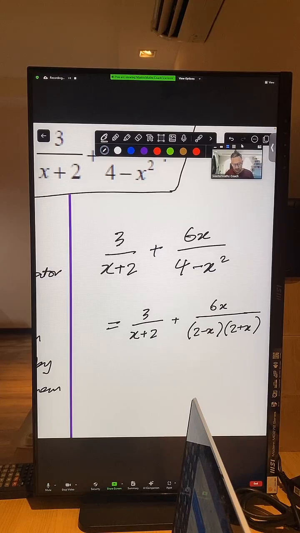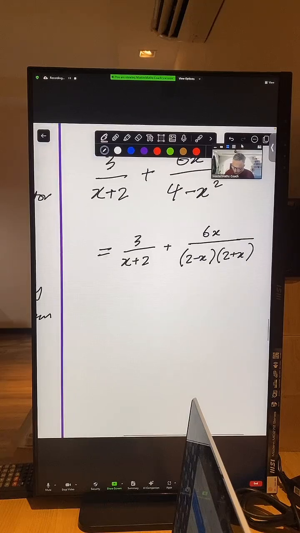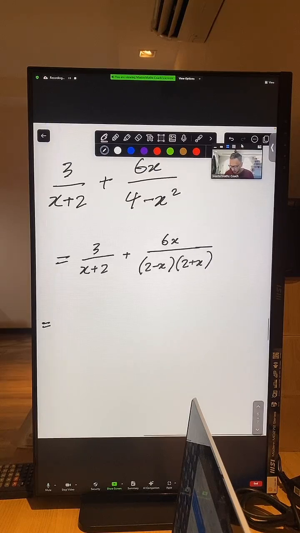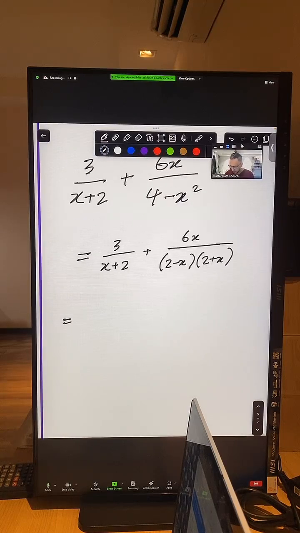Factorization of 2 terms. So, when you factorize 2 terms, usually 90% of the time, we will use a squared minus b squared equals (a plus b)(a minus b). So once we have this, we can do this.